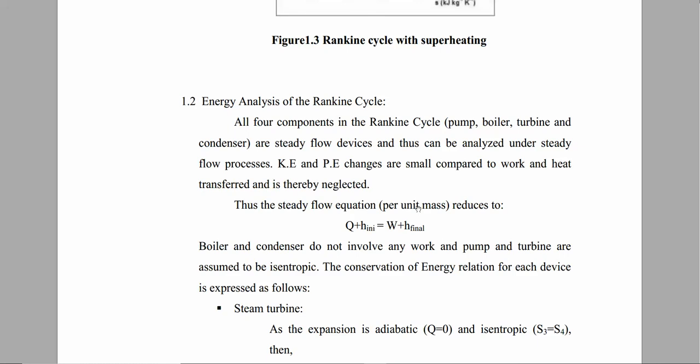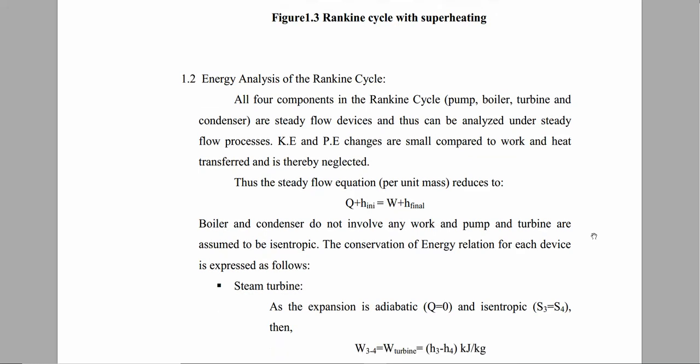Energy analysis of a Rankine cycle. All four components in the Rankine cycle, that are pump, boiler, turbine and condenser, are steady flow devices and thus can be analyzed under steady flow processes. That is, kinetic energy and potential energy changes are small compared to work and heat transfer and thereby neglected.